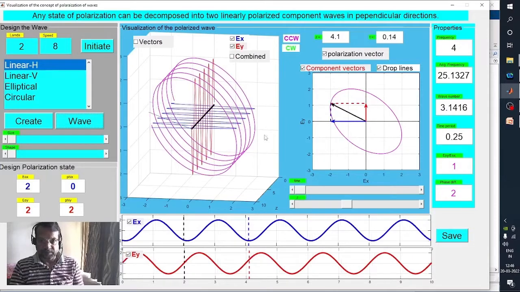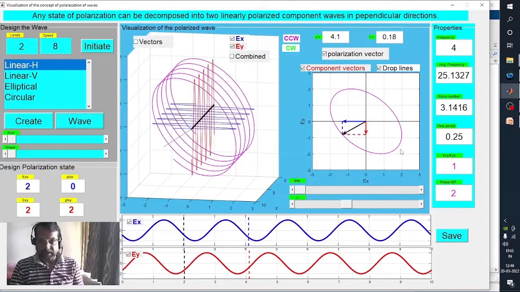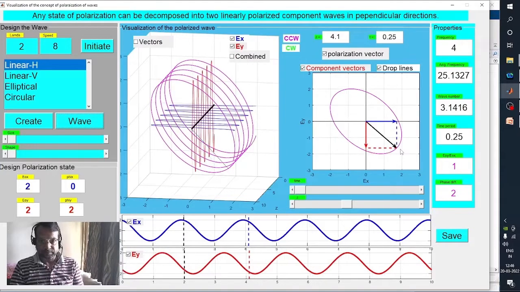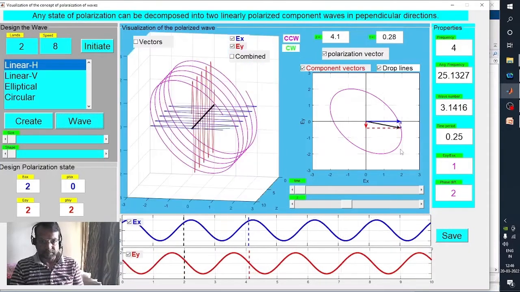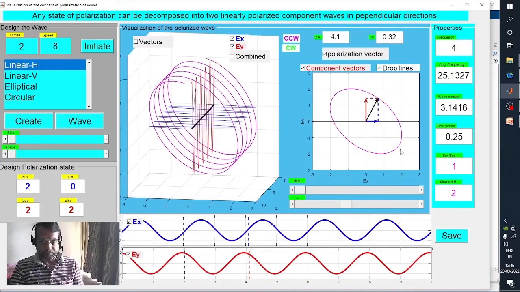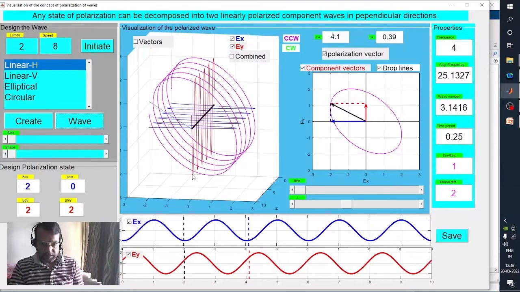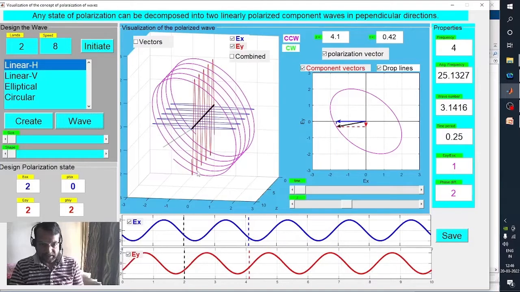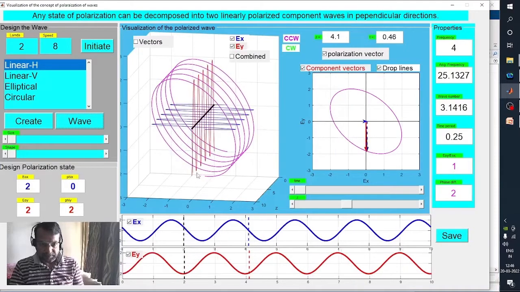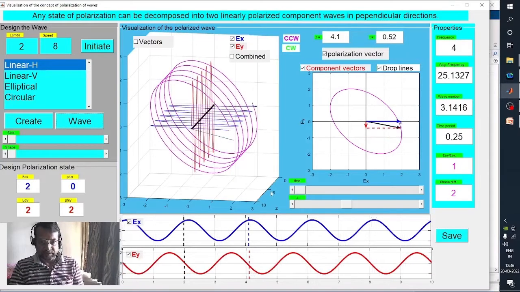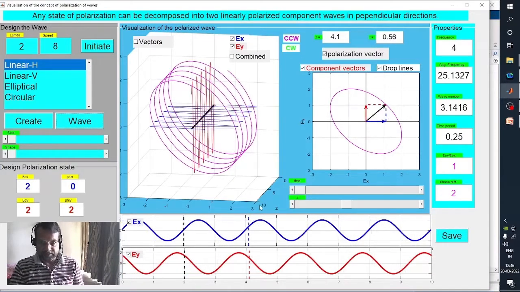So the sense of rotation is counterclockwise, that is left polarized. To have a better observation of this, observe this point with respect to this line. We can see the wave moving ahead because this is the positive z direction.